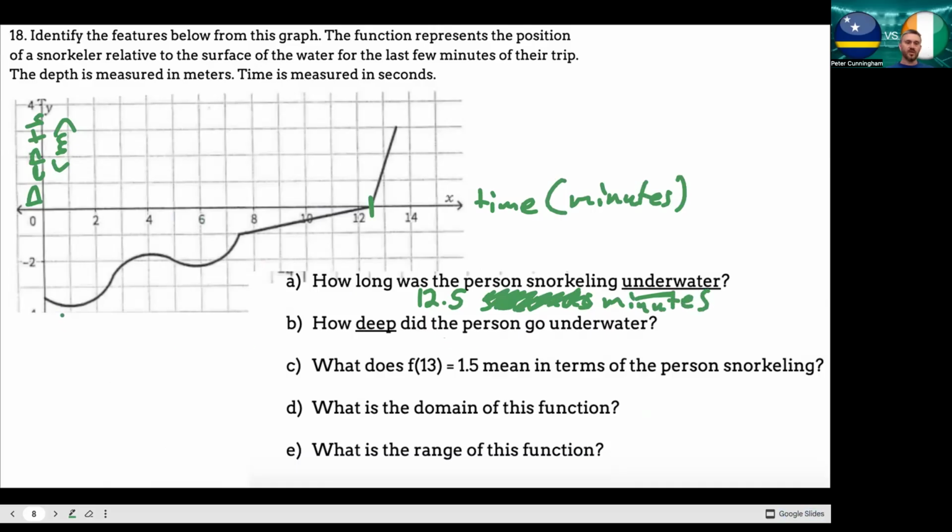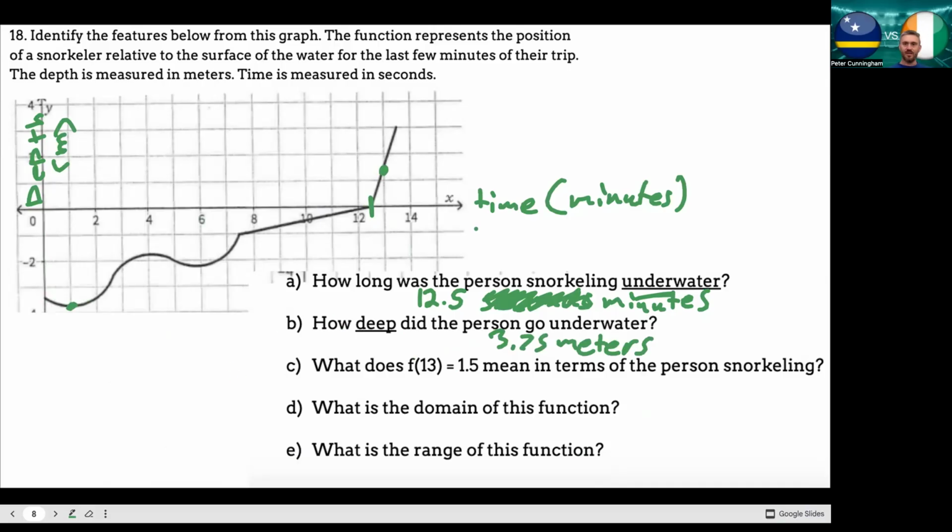How deep did the person go? Okay, there's 1, 2, 3, 3.5. Maybe it should be beyond 3.5. So I don't know. I would say 3.75 meters. What does 13, 1.5 mean here? All right, let's go 13, 1.5.